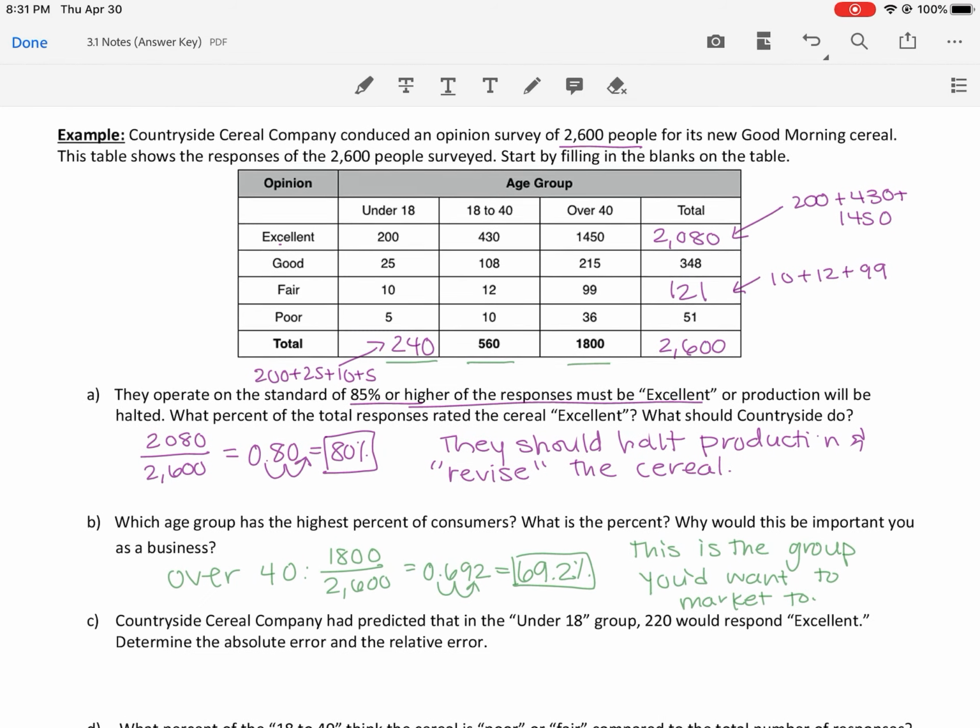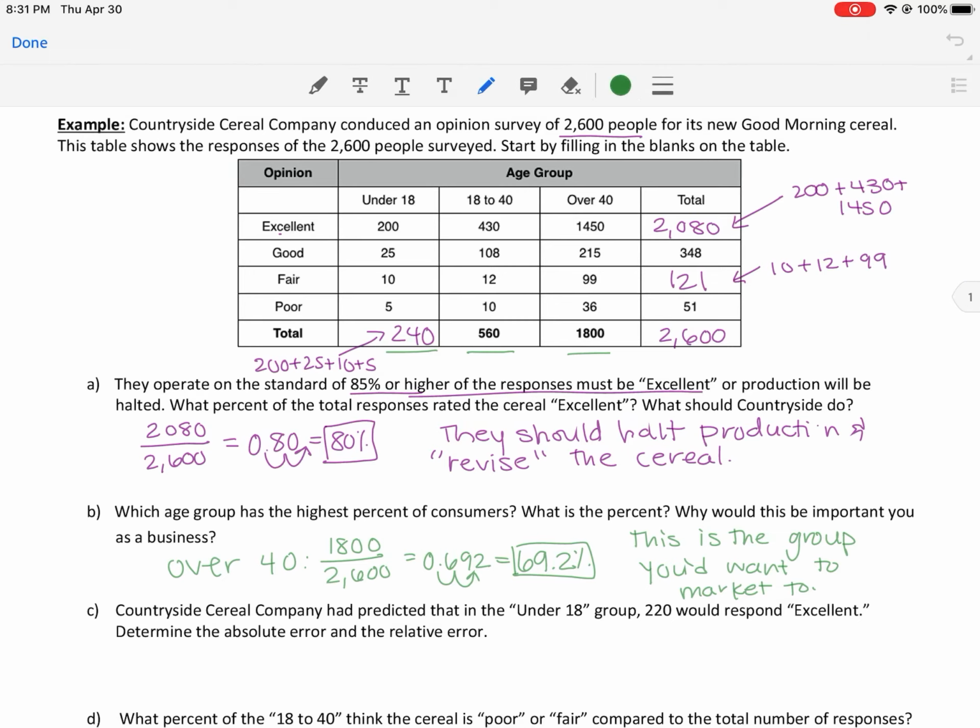Countryside Cereal has predicted that in the under 18 group, 220 would respond excellent. Determine the absolute and then the relative error. For the absolute error, the formula is we take the prediction, which was 220, and we subtract the actual.